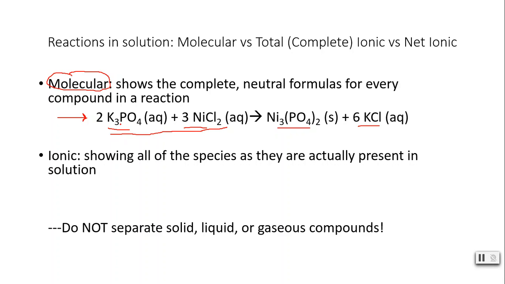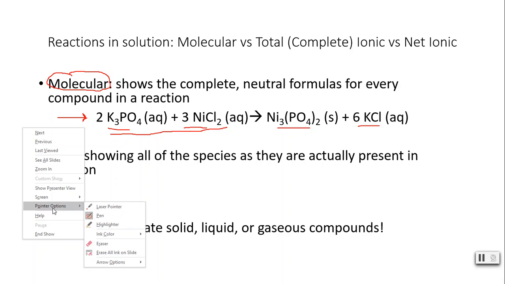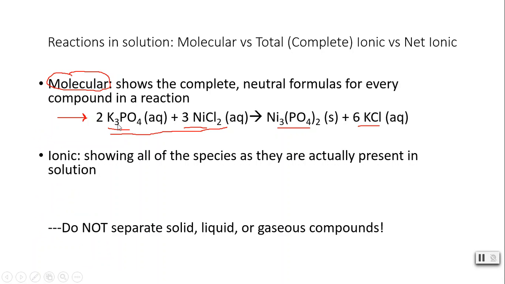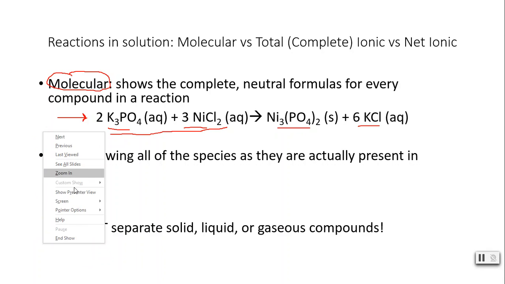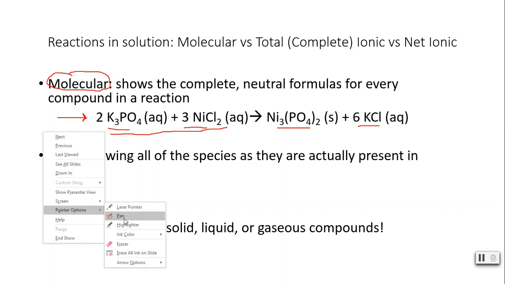Everything else stays together as an intact molecule. And it can be helpful for scientists to know what is actually swimming around in solution when doing this reaction. So when looking at my balanced molecular equation, I see I have three things that are aqueous.